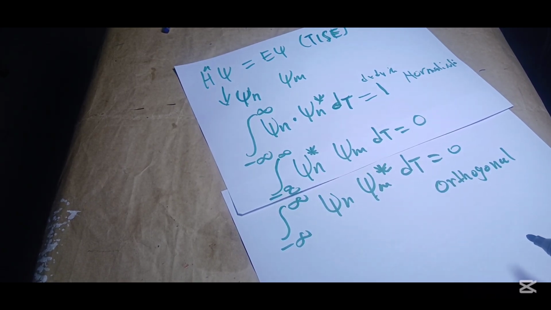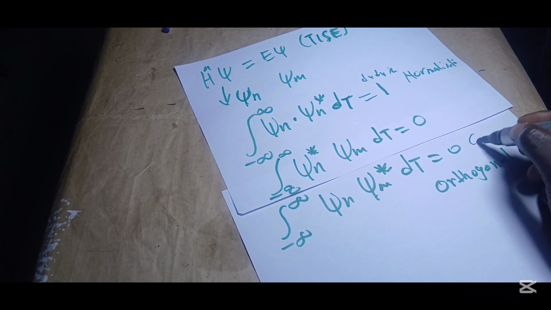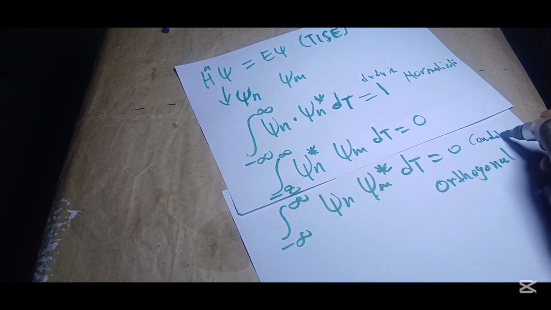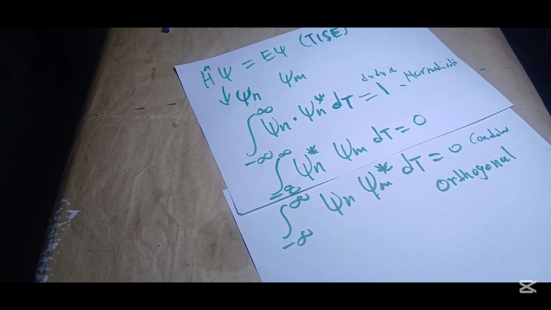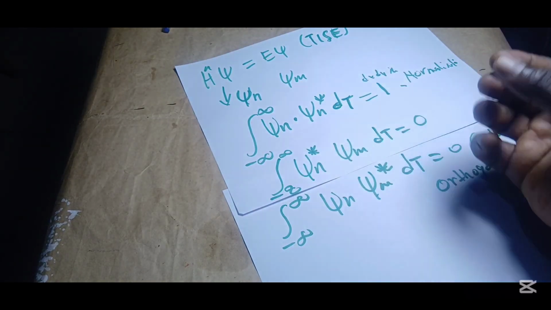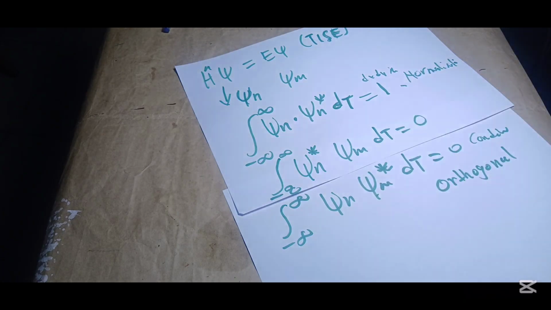So that is the orthogonality condition. And this is the normalization condition. Generally, for normalization, we are looking at the same wave function and its complex conjugate.